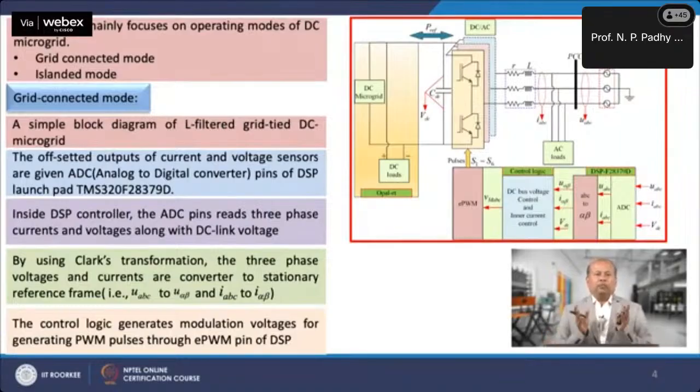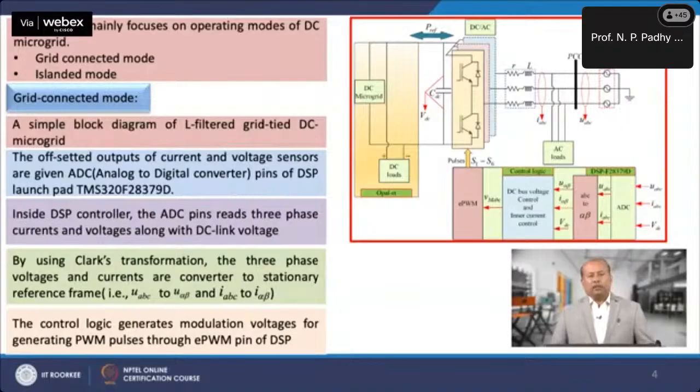The measured voltage and currents are biased to shift the signals above zero level. The offsetted outputs of current and voltage sensors are given to the analog to digital converter pins of DSP launchpad TMS320F28379D.